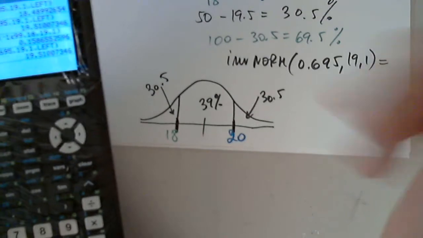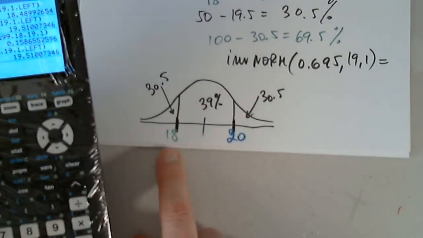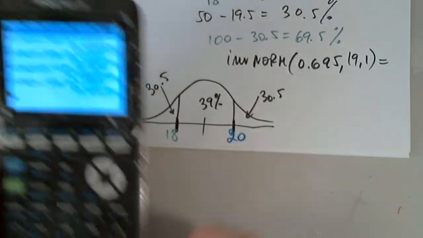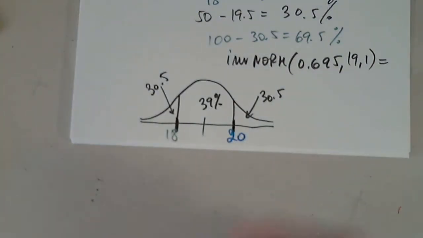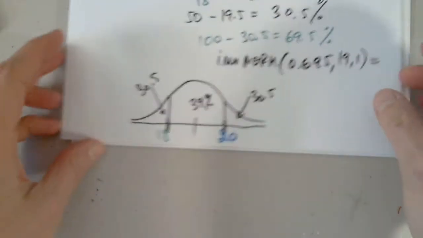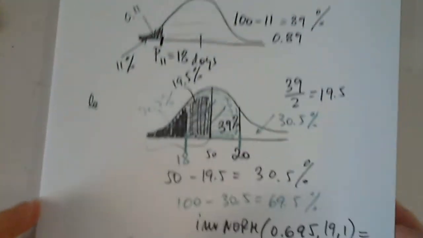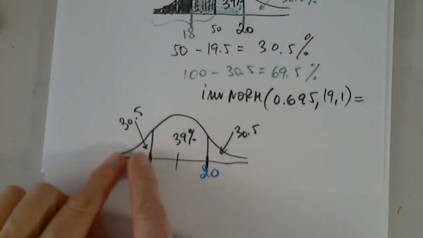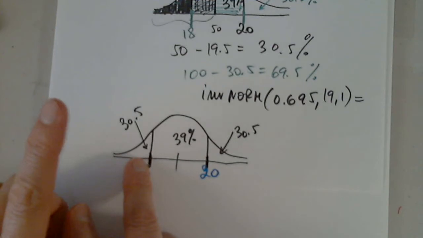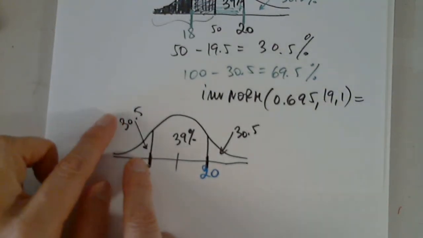It said that the correct answer, I entered 18 and 20 and it considered the correct answer. But I have some questions why the calculator doesn't give me the starting point. Because this area has to be 0.305, not 0.15.